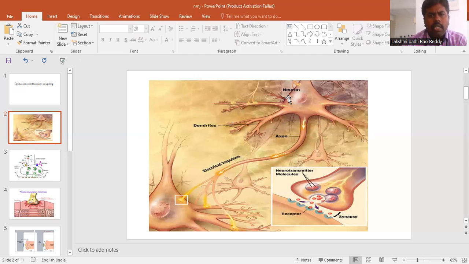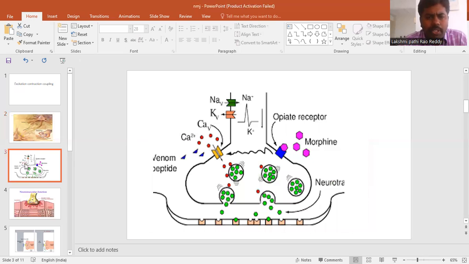This part is clear: the electrical impulses are traveling throughout the axon, and the nerve endings, the nerve terminal, the terminal buttons, are stimulating the next fibers, right? So what happens specifically at the nerve endings? Let us see with the help of this diagram.